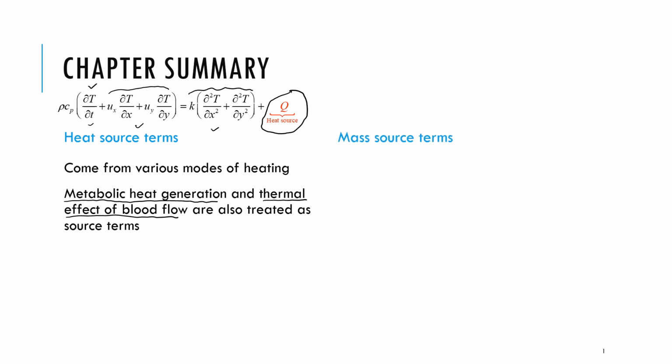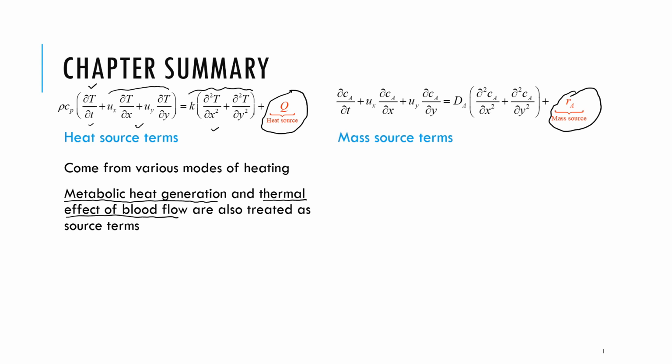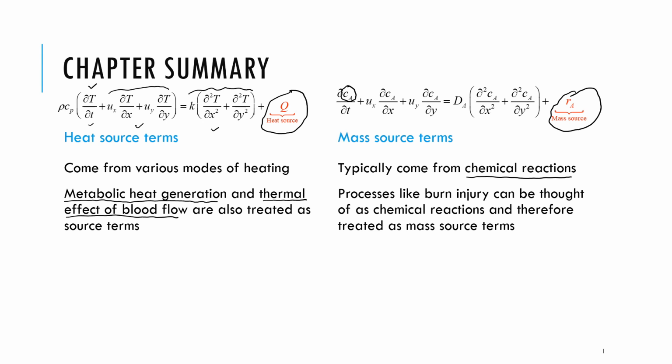And in a very analogous way, the mass source term is the one in the mass equation and mass diffusion equation, and it typically comes from chemical reactions where a species is being converted into something else, or something else is being converted into the species.